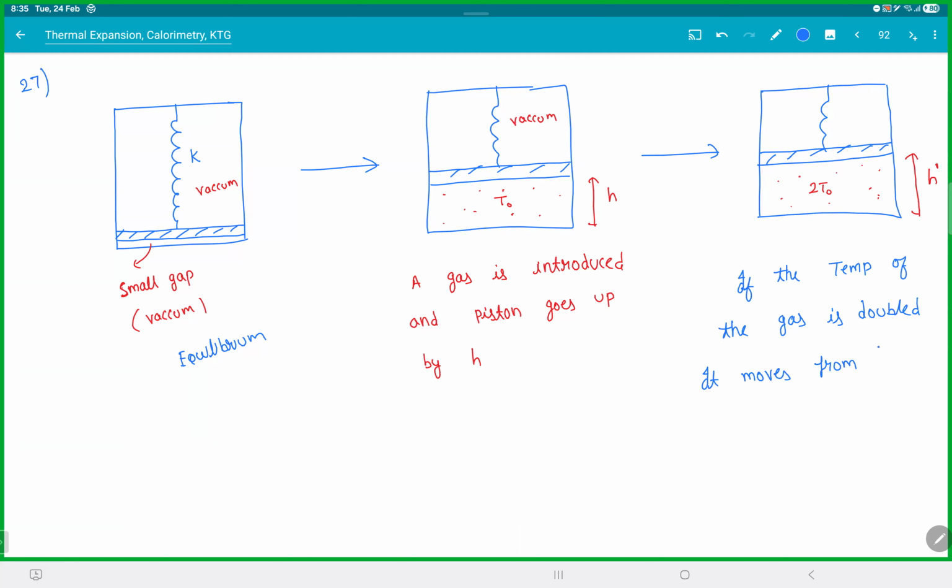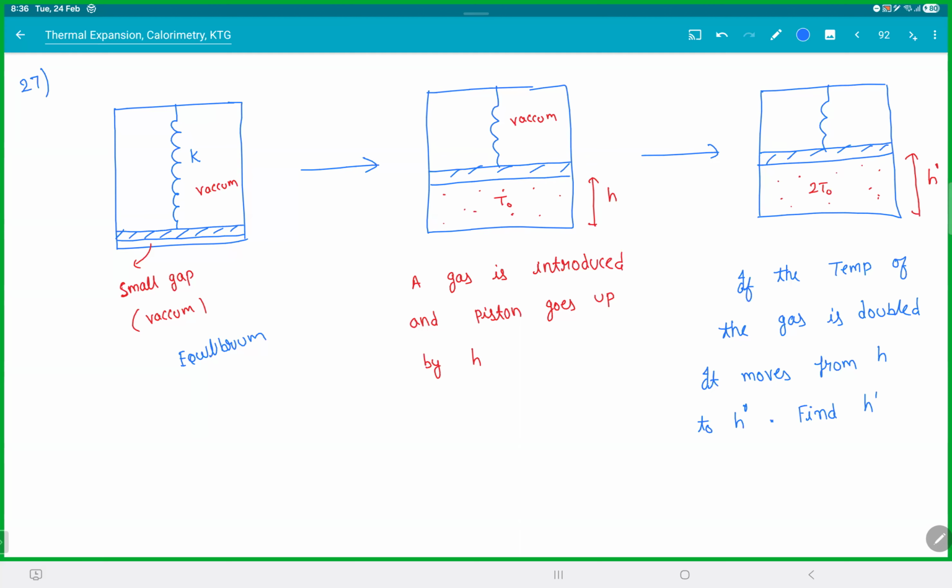It moves from h. So h is already given, so you have to report the answer in terms of h. I hope the question was clear. So initially you have a piston. Does the piston have mass? I don't know. Is the spring in natural length? We don't know. Nothing is given.